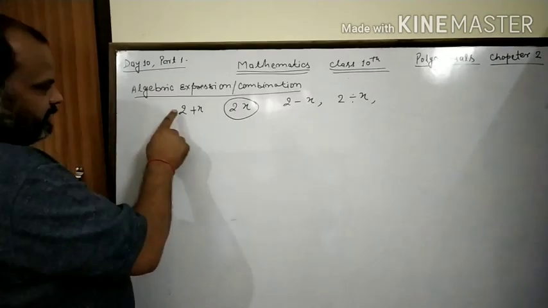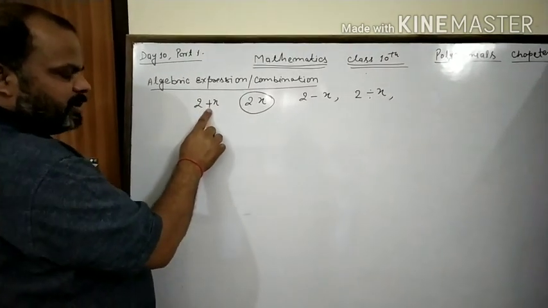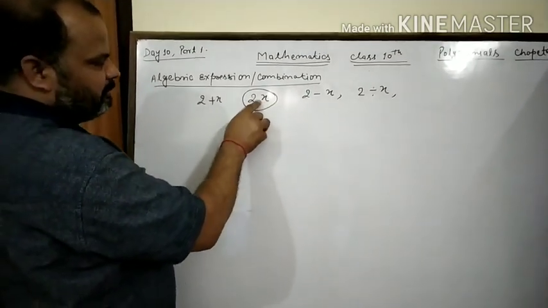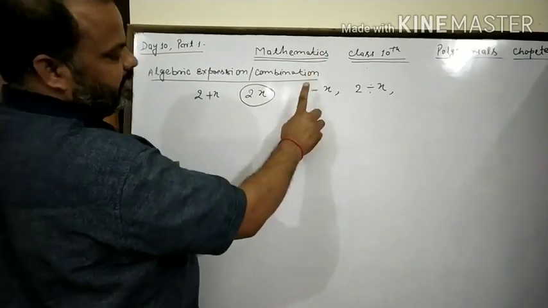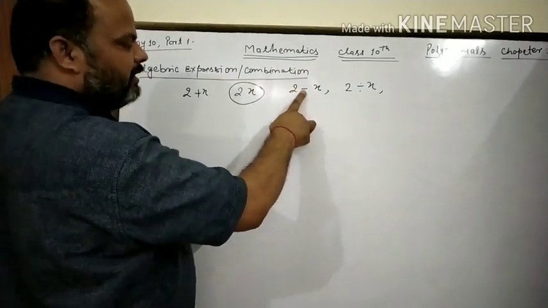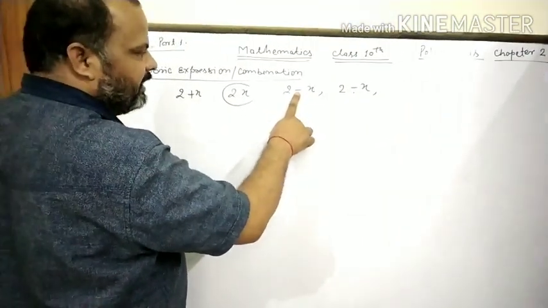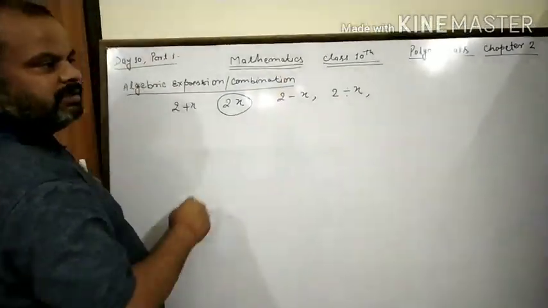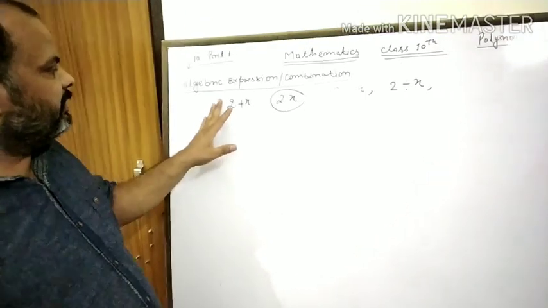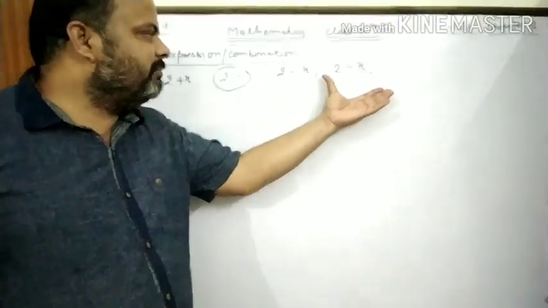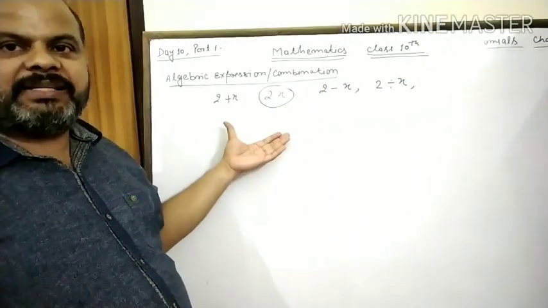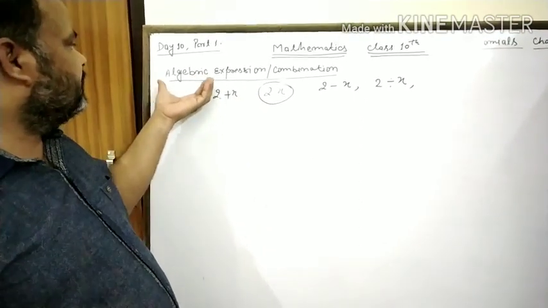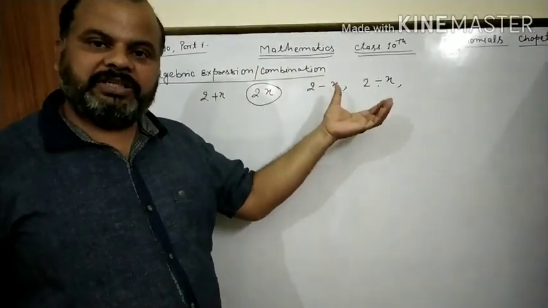Here number and letter combine with plus sign, number and letter combine with multiplication sign, number and letter combine with minus sign, and number and letter are combined with division sign. It means when numbers and letters are combined with any suitable sign, it is called an algebraic expression or combination.